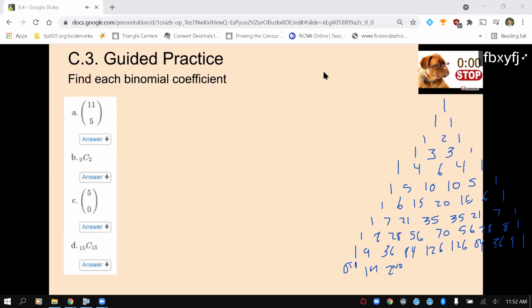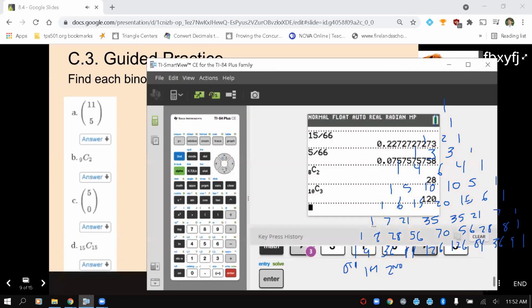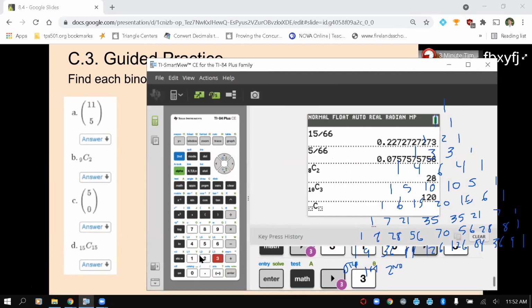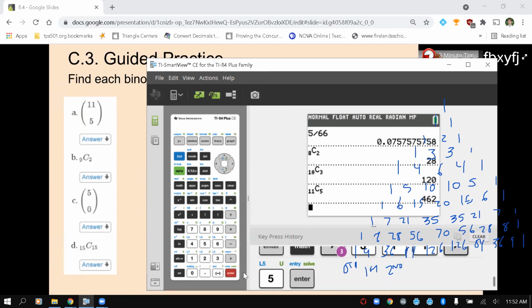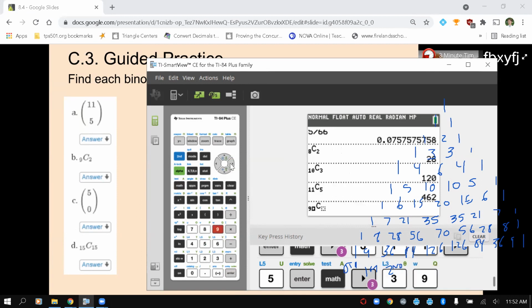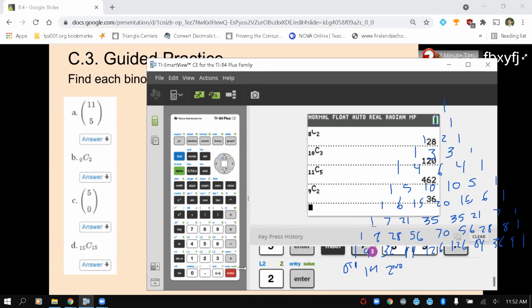Am I still showing whole screen? Oh yeah, all right, so you should have got, hopefully, for the first one, that 11C5 is 462. For the next one, that 9C2 is 36.